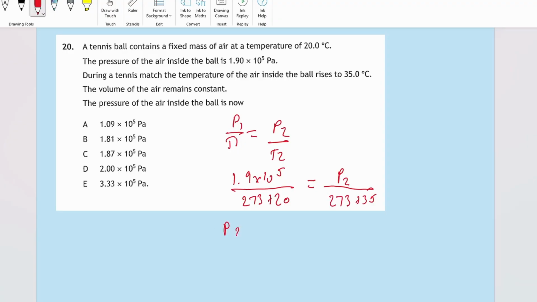So P2 rearranges to 1.9 times 10 to the 5 times 308, sorry for the bad handwriting, over 293. So P2 works out to be 1.99 times 10 to the 5 pascals, and that rounds to D, 2 times 10 to the 5 pascals.